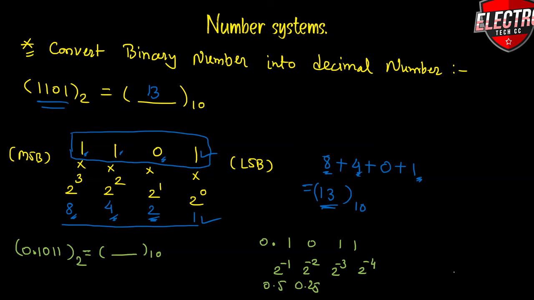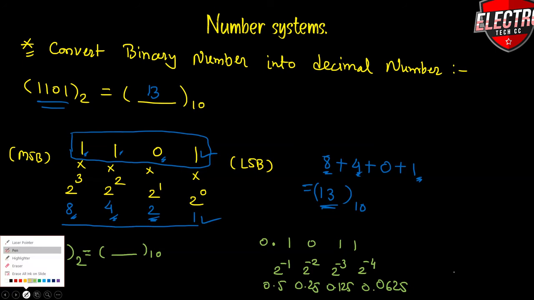Next value, that is 1 divided by 2 raised to 3, 1 divided by 8 is equal to 0.125. Next one, that is 2 raised to minus 4, that means 1 divided by 2 raised to 4, 1 divided by 16 is equivalent to 0.0625.